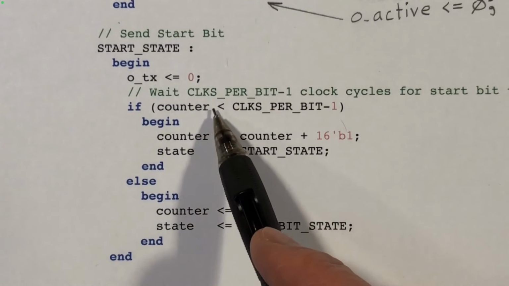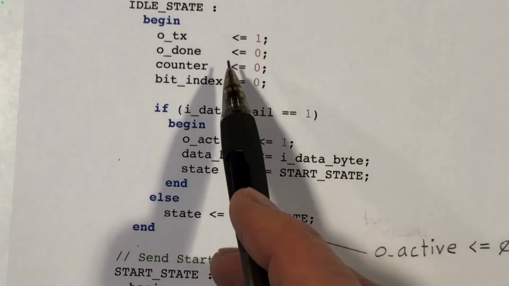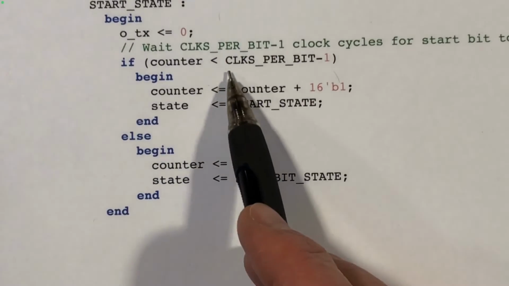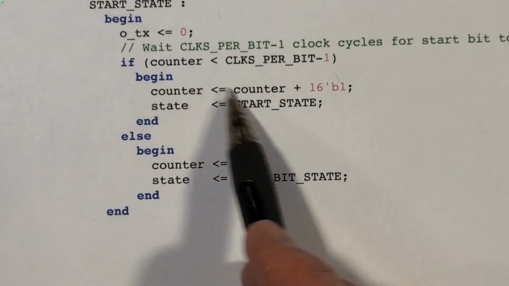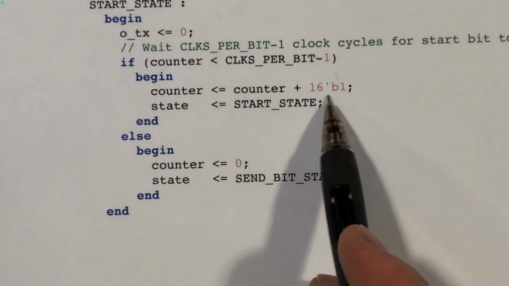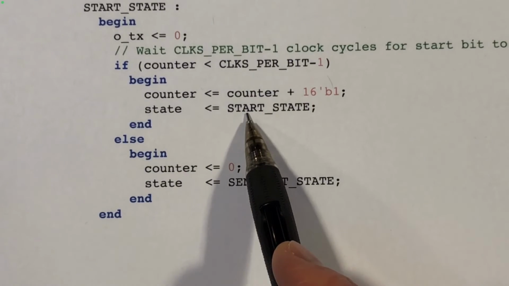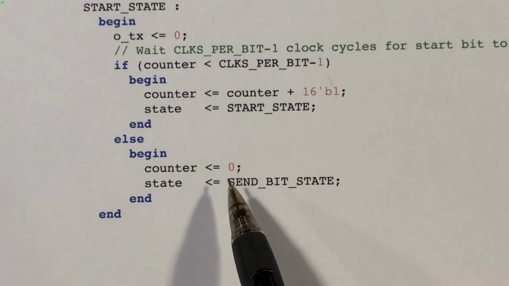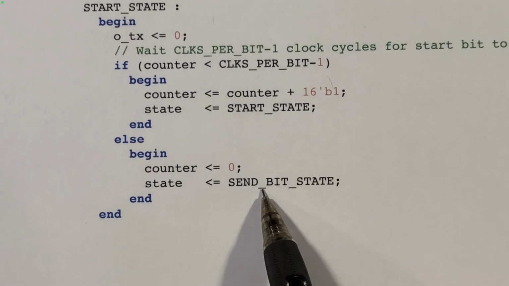We check whether the counter, which was set to 0 back when we were in the idle state, has reached its maximum value. If not, we increment the counter on each clock pulse and remain in the start state. Once the counter has reached the maximum value, we reset it and move on to the send bit state.